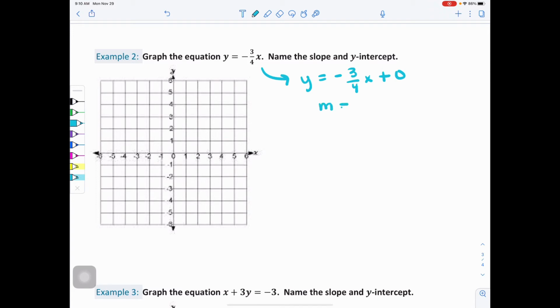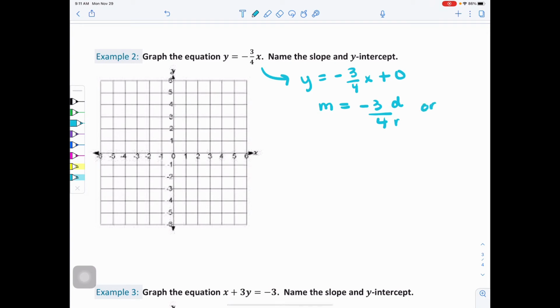Which means my slope is the coefficient of x, which is -3/4. You can put the negative with the 3 or the 4. So I'm choosing to put it with the -3. So that would be down 3 because the top number is a rise, so that's an up or down. The bottom number is a positive 4, which is a right or left. Since it's positive, we're going to go to the right.